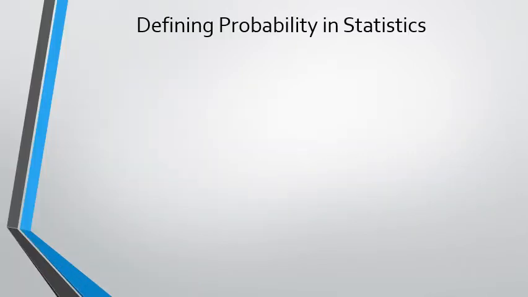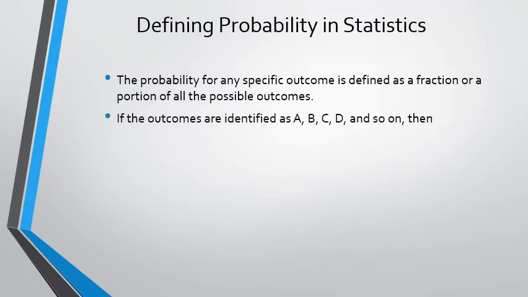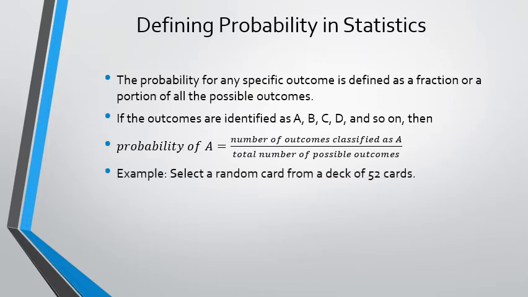So let's talk about defining probability in statistics. The probability for any specific outcome is defined as a fraction or a portion of all the possible outcomes. So if the outcomes are identified as outcome A, B, C, D, and so on, then the probability of choosing A is the number of outcomes classified as A divided by the total number of possible outcomes. So here's an example. Select a random card from a deck of 52 cards.